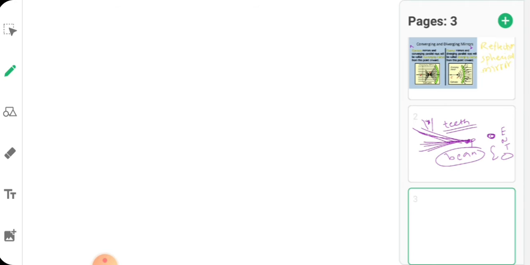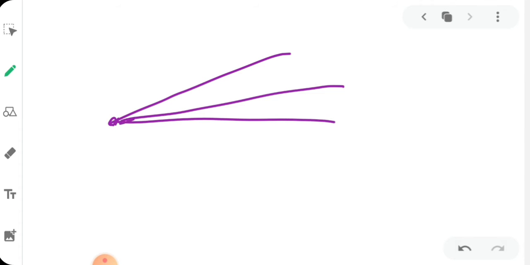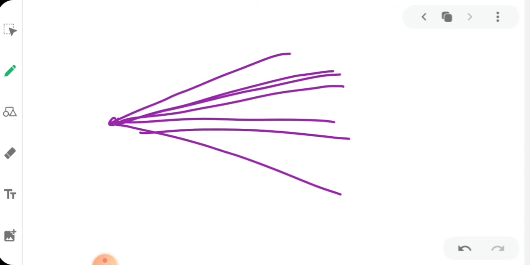Let us now talk about diverging rays. What are diverging rays? Suppose this is a source point, and from this source point a number of rays or a beam of rays comes out, then that is a diverging beam. This is used when we want to spread light. Suppose from this point source, point P, you want to spread the light to various places, then it is used there.